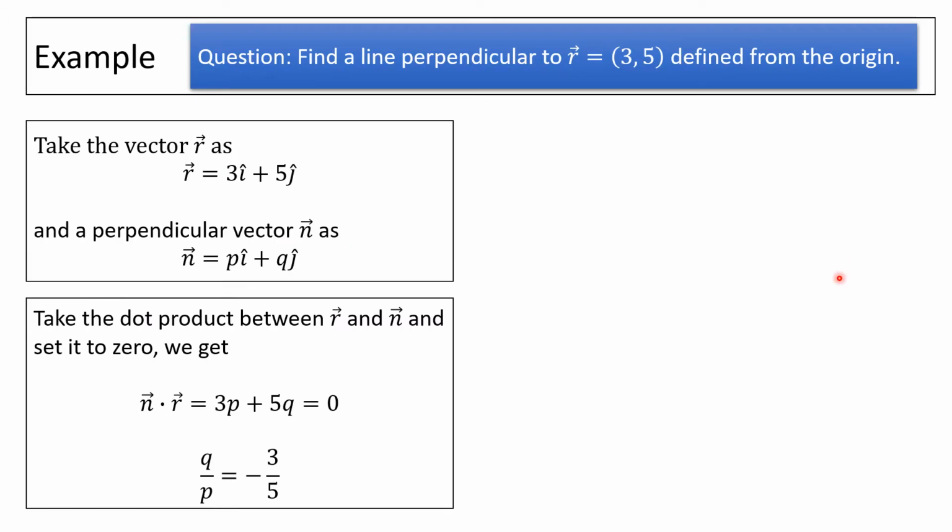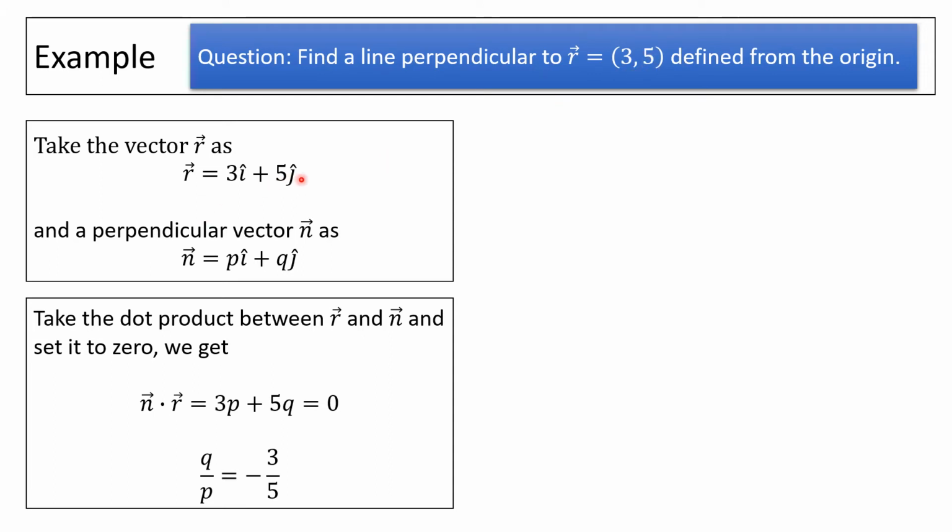So let's look at a more concrete example. Let's say we have a line from the origin to R, and this is given by 3, 5. You will remember that this means you have a vector from origin 0, 0 to R, which is a point that is 3i plus 5j.